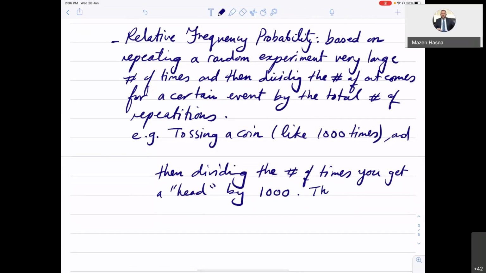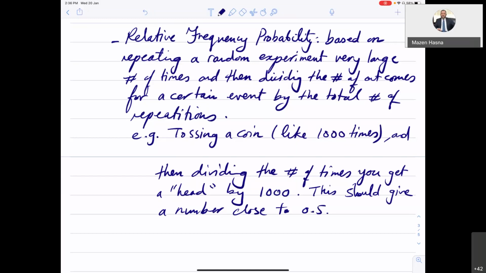This should give you a number close to 0.5. If you do 1,000 tosses, probably you'll get like 510, 520, or 470 heads out of those tosses.